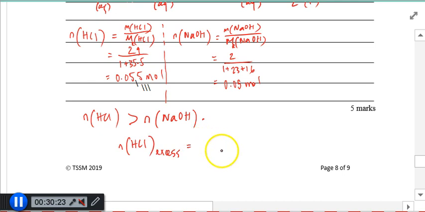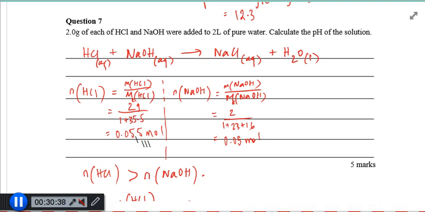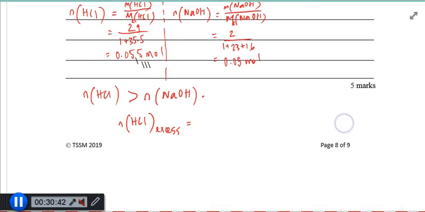Just thinking about it logically, the excess amount you have is the initial amount minus the amount that's been reacted. If you know that HCl reacts in a 1-to-1 ratio with NaOH, and there's 0.05 moles of NaOH, that's the amount of HCl that reacts with the NaOH.